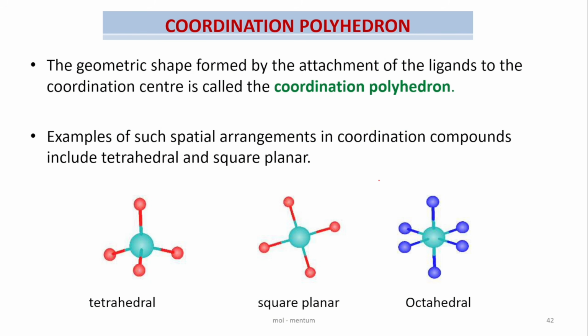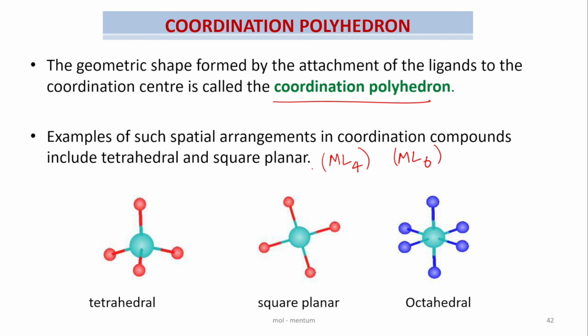What is coordination polyhedron? Very important. Whenever ligands form bonds with the central atom, that particular number of secondary valencies, which we call the coordination number, align themselves in such a way that the repulsion between the ligands is minimum. In our syllabus we have two types of cases, ML4 and ML6, that means one metal with 4 ligands and one metal with 6 ligands.